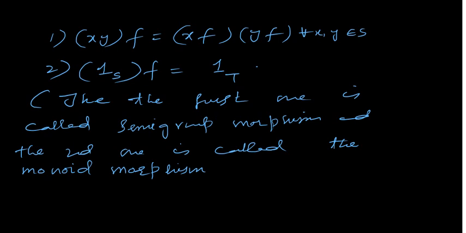These are two properties. The monoid morphism has two properties, and the semigroup morphism has only one property.